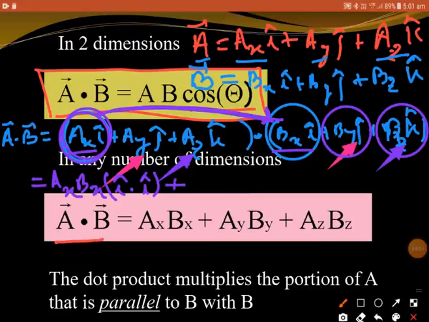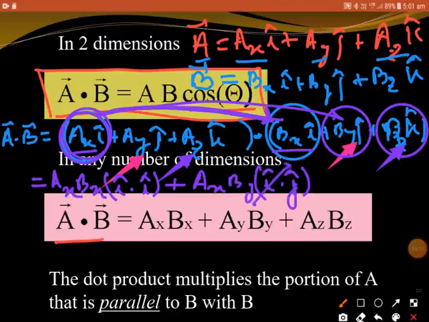In the next term it will be ax by, i cap dot j cap, like this. So i cap and j cap will always go to 0 because these are perpendicular to each other, right? So such a term will not come. Only i cap with i cap will be there, j cap with j cap will be there, and k and k will be there.